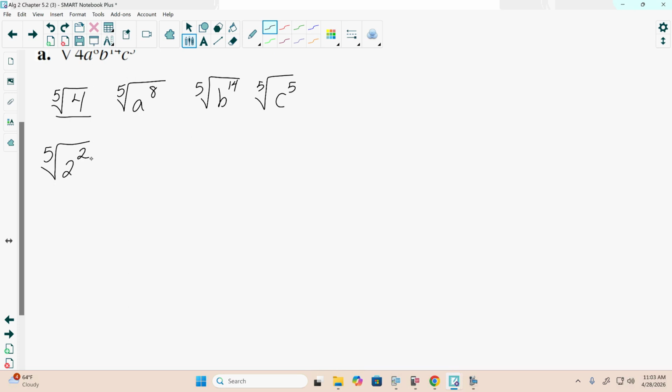And the last one says we cannot have perfect nth roots or perfect nth powers inside of a radical. 2 squared doesn't simplify. I don't have enough 2's for it to simplify with that radical. So is there anything we can do with the 5th root of 2 squared? No, there's not enough to do with it. So we don't do anything to it because we can't reduce. We're just trying to simplify perfect nth roots out.